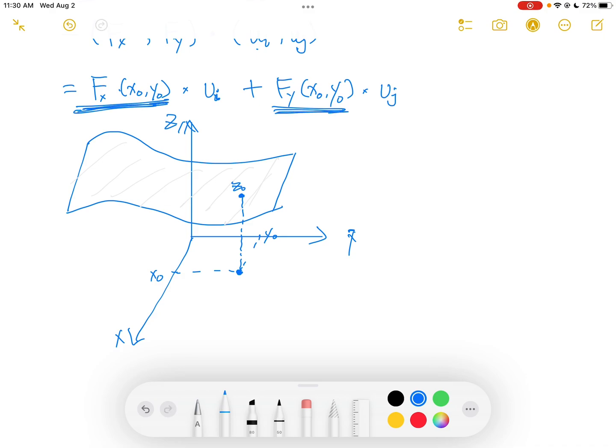If x changes by a small unit, then fx is the rate of change in the z value, and if y changes by a small amount, this is how z would change.